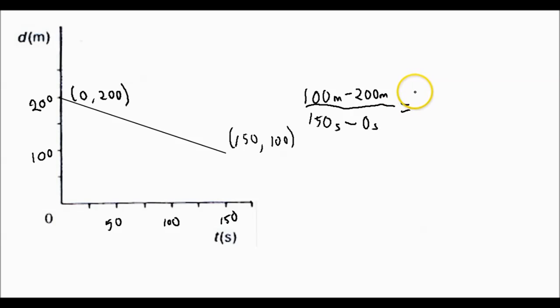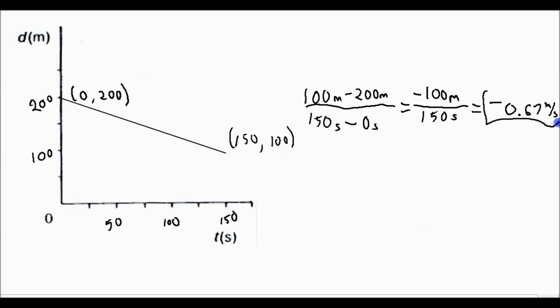And we find out that we get negative 100 meters divided by 150 seconds. And so our slope is negative 0.666. Let's call it negative 0.67 meters per second. That means that this thing is moving in a negative direction or backwards.